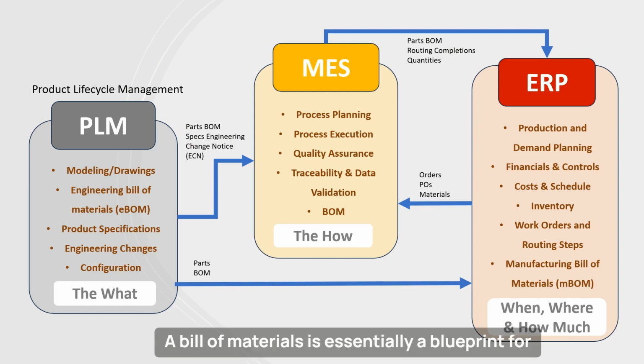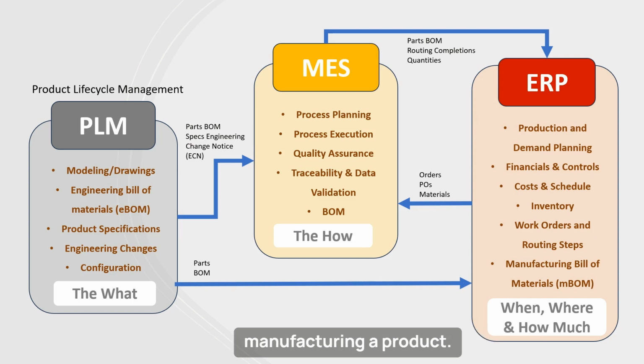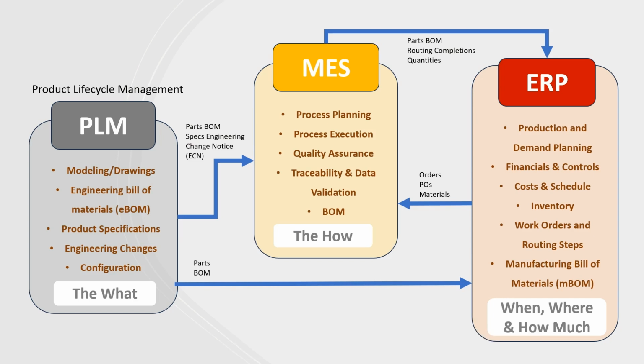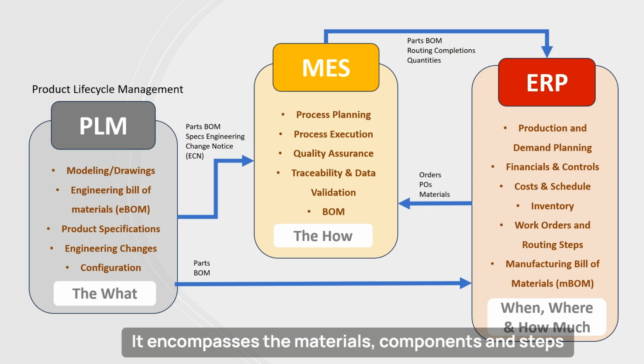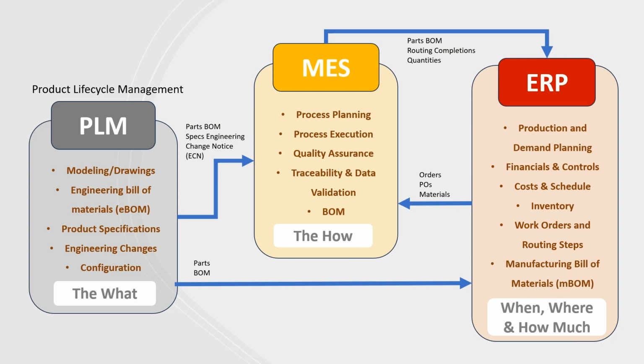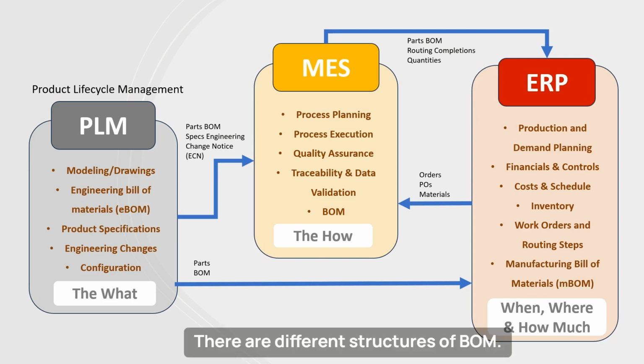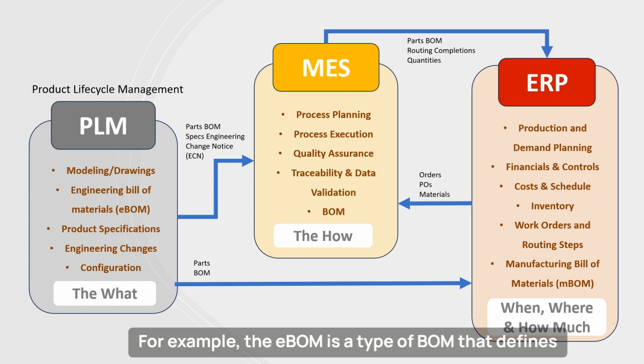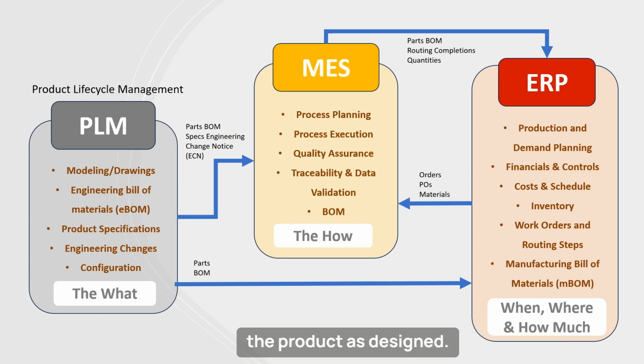A bill of materials is essentially a blueprint for manufacturing a product. It encompasses the materials, components, and steps required to create the item. There are different structures of BOM. For example, the EBOM is a type of BOM that defines the product as designed.